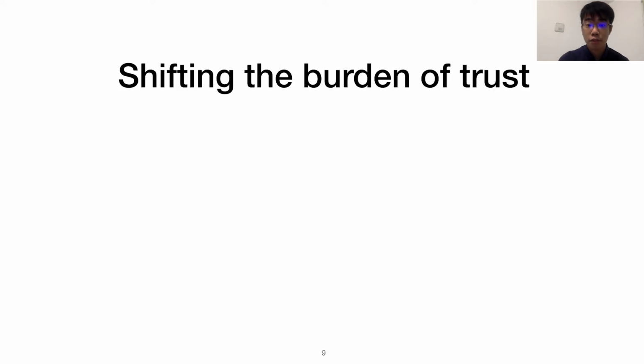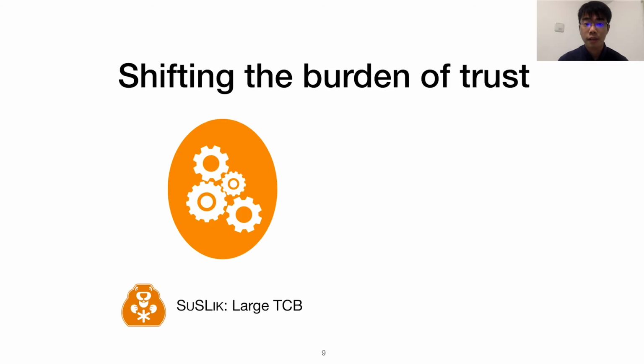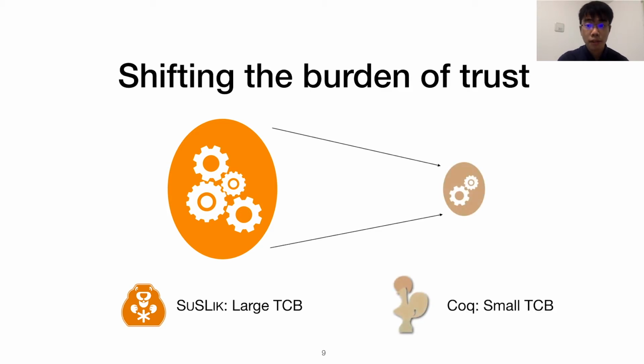Let's return to this issue of trust. Our earlier misgivings arose because Syslic has a large trusted codebase, or TCB. Ideally, we'd like to offload the burden of trust to something with a more minimal TCB, like the Coq Proof Assistant. Coq proof certificates are widely treated as a correctness guarantee for important theorems and programs.